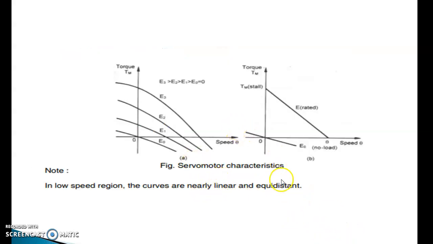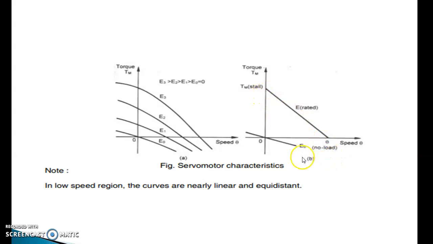The servo motor characteristics. This is the speed torque curve. This is E0, E1, E2, E3, where E3 is greater than E2, greater than E1, greater than E0, which is equal to 0. And this one is the line for speed versus torque. This is Tm, the stall torque at rated voltage E, and E0 is the no load voltage.